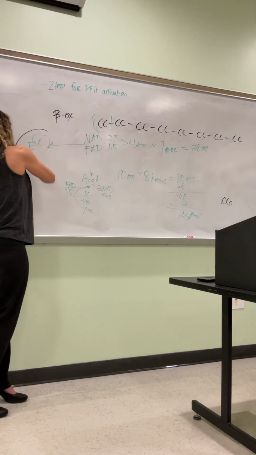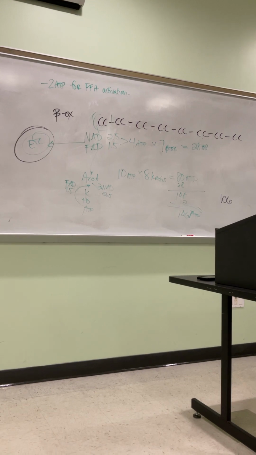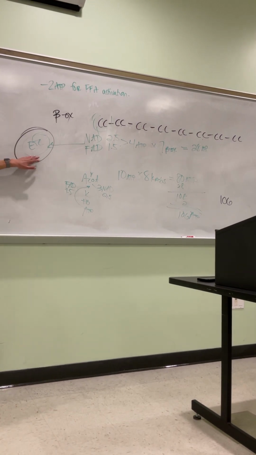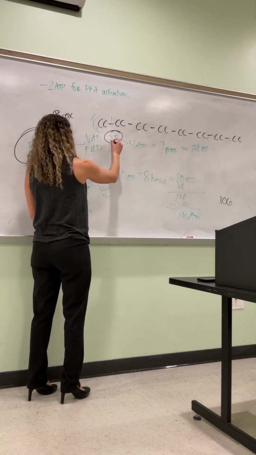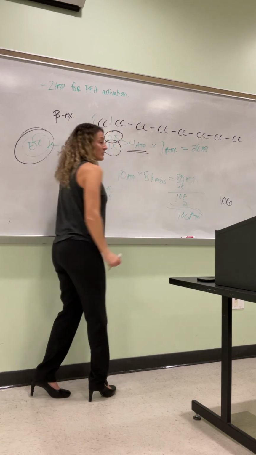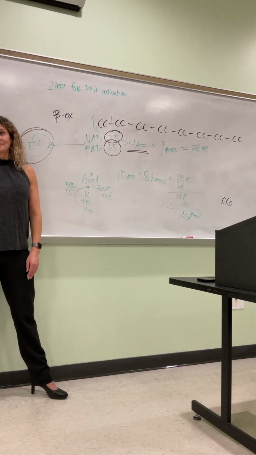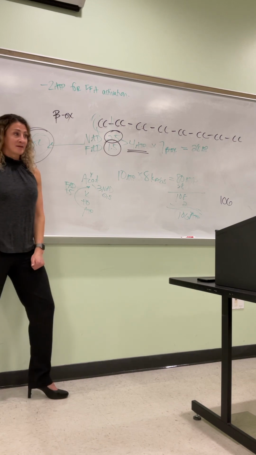You have to mention the electron transport chain. You can't account for the ATP from a free fatty acid without mentioning the electron transport chain. You gotta tell me how many ATP from the NAD, how many ATP from the FAD, so I know you know where the 4 comes from. You gotta show me where you're getting the 4 from.